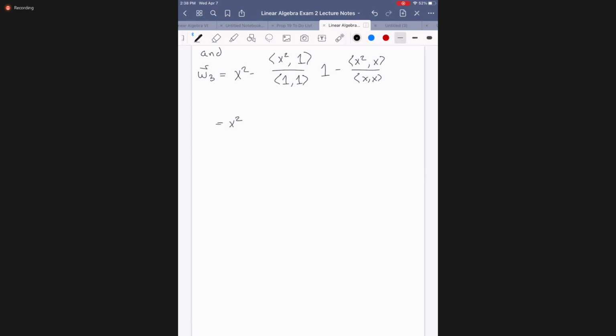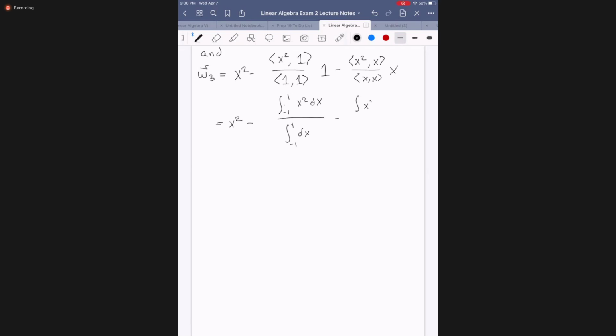Which is just going to be x squared minus the integral from -1 to 1 of x squared dx over the integral of dx. This times 1, doesn't matter. I guess this should be x right there.